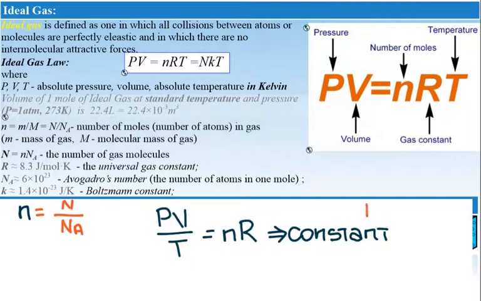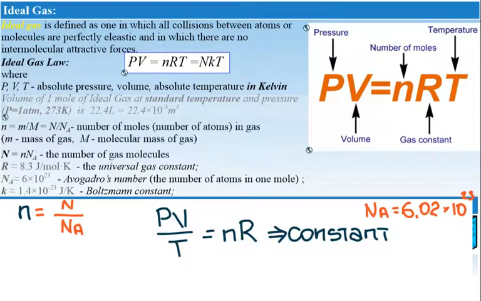Like when you buy eggs, they say dozen, because dozen means there are 12 eggs. And in chemistry or physics, when they say Avogadro's number, that means there are 6.02 times 10 to the 23rd particles.